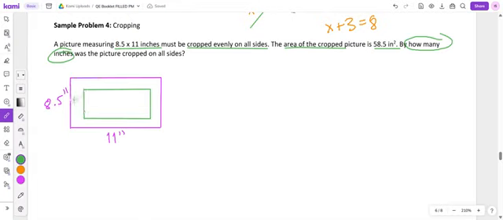So, I don't know how much I'm cutting, so what do I use to represent the amount of paper I'm cutting? Take a wild guess. Yeah, why not? Let's call it X. So if I'm cutting X from the left, how much do I cut from the right? How much from the top? Bottom? Same.